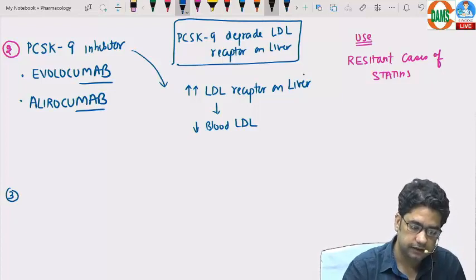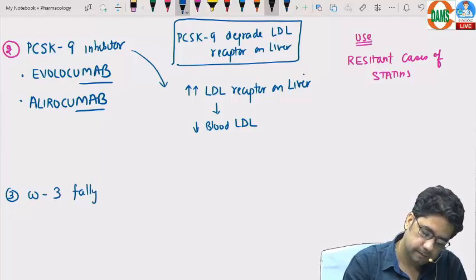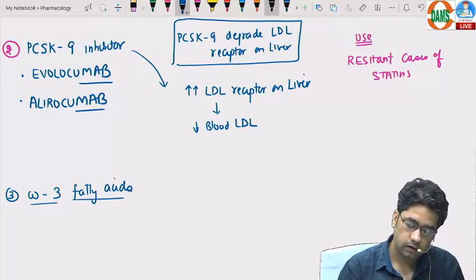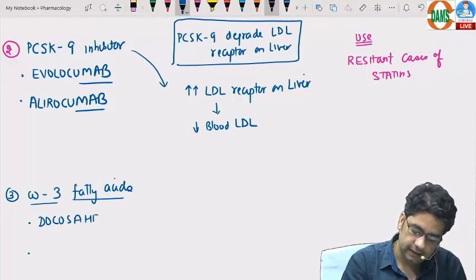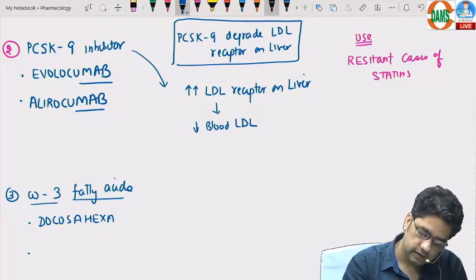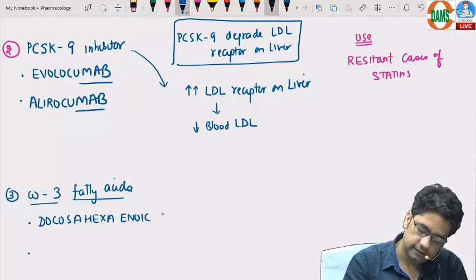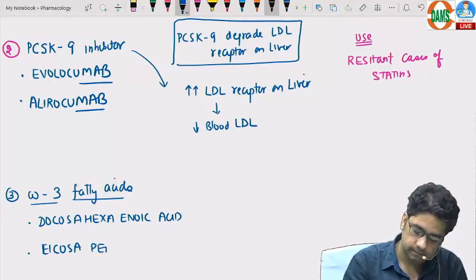Third drug, you will write omega-3 fatty acids. Omega-3 fatty acids are docosahexaenoic acid and icosapentaenoic acid.